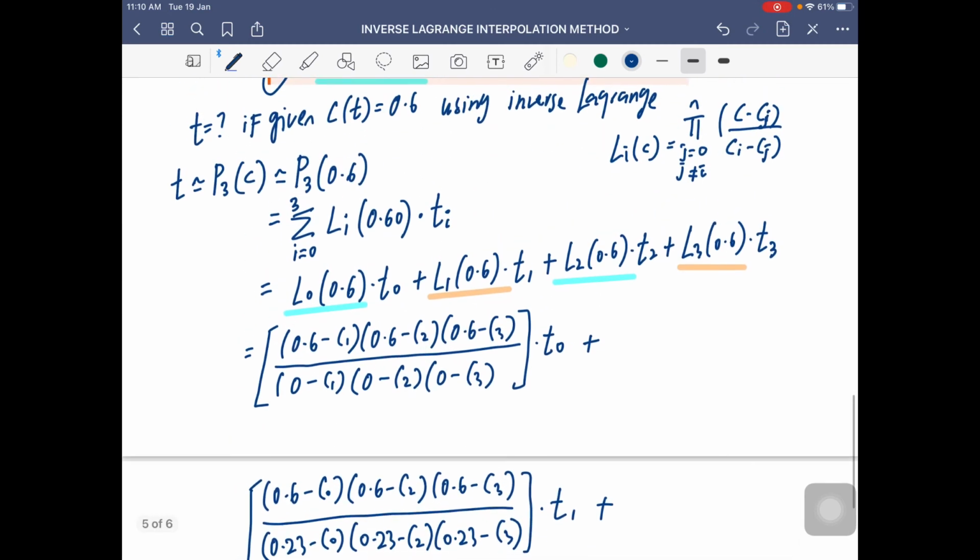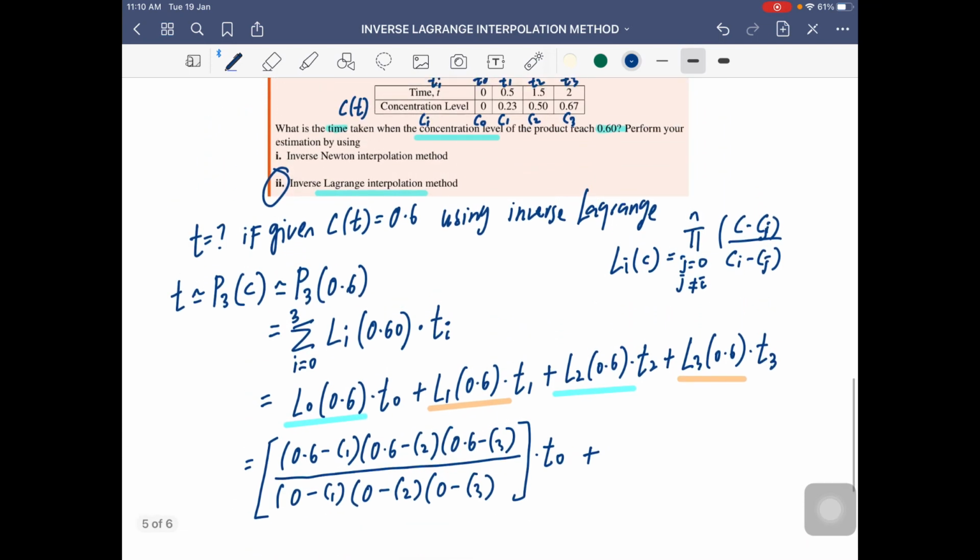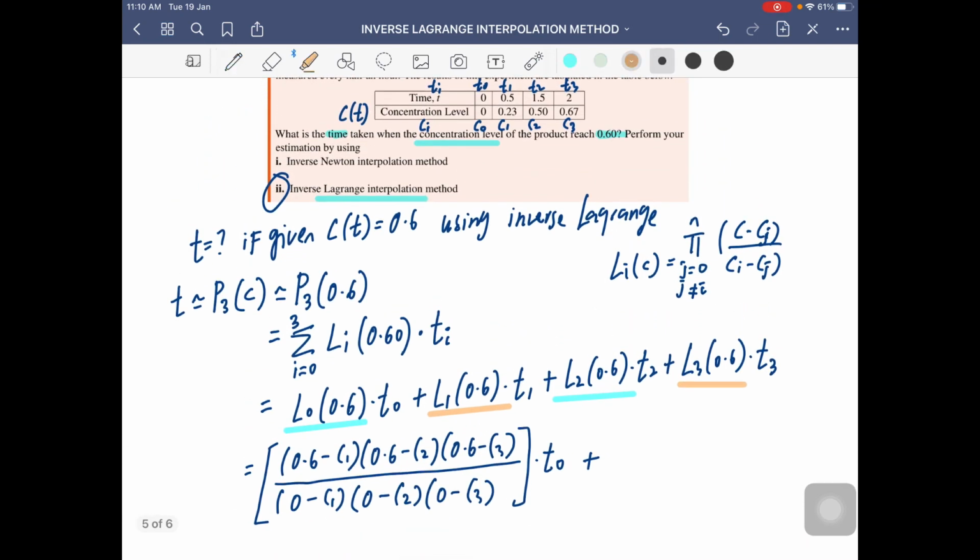Okay, so if you look back here, if I plug in the values, it means that I insert my C1, I insert my C2, I insert my C3. Okay, and then I insert here C1, C2, C3 here, because these are all our known values. Let's say I replace here C1, 0.23, and then here 0.5, and then here 0.67.